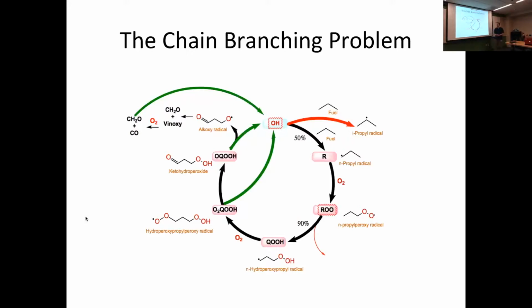What's really important about this pathway is that every time you take one radical and make 3 radicals, which drastically speeds up the chemistry for an ignition problem. These reactions have a really strong influence on ignition delay. However, they can still have that strong influence even if they're really low flux.